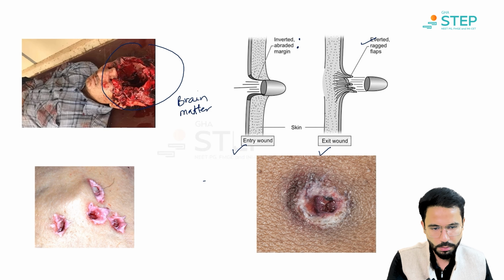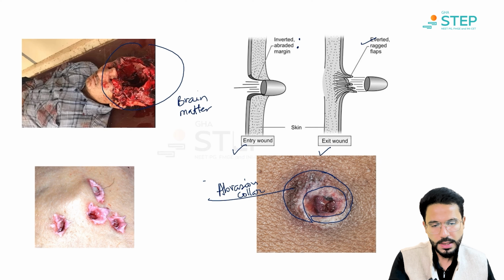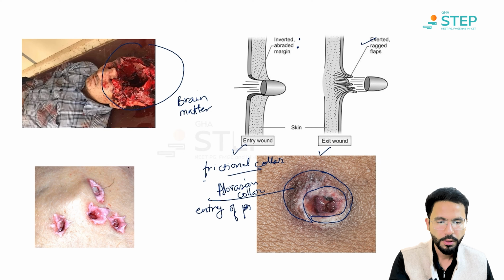What are these two images showing you? These images show you one particular difference. If you observe, you look at this here, this is an abrasion collar. What is an abrasion collar? An abrasion collar is also known as a frictional collar because of the entry of the projectile.